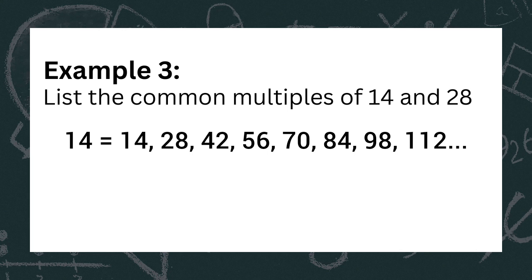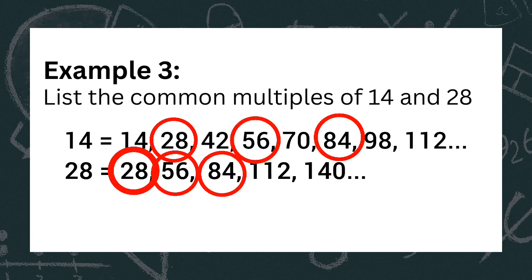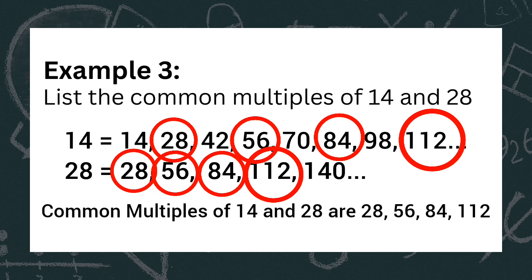Multiples of 28 are 28, 56, 84, 112, 140, etc. How did we get this? 28 times 1, times 2, times 3, times 4, and so on and so forth. What are the common multiples? From what we have here, the common multiples are 28, 56, 84, 112, etc.